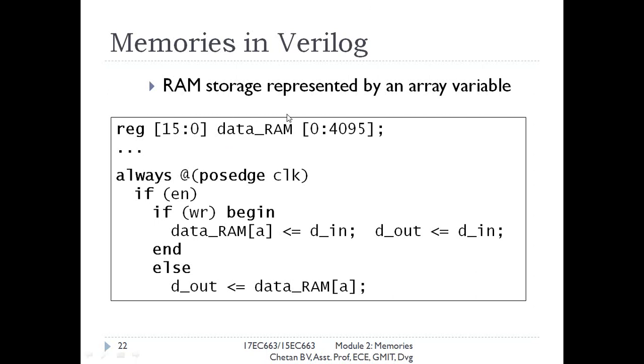Here there is a register data RAM. This is an array of 0 to 4095, which means totally there are 4096 elements. The first element index is 0, the last element index is 4095.